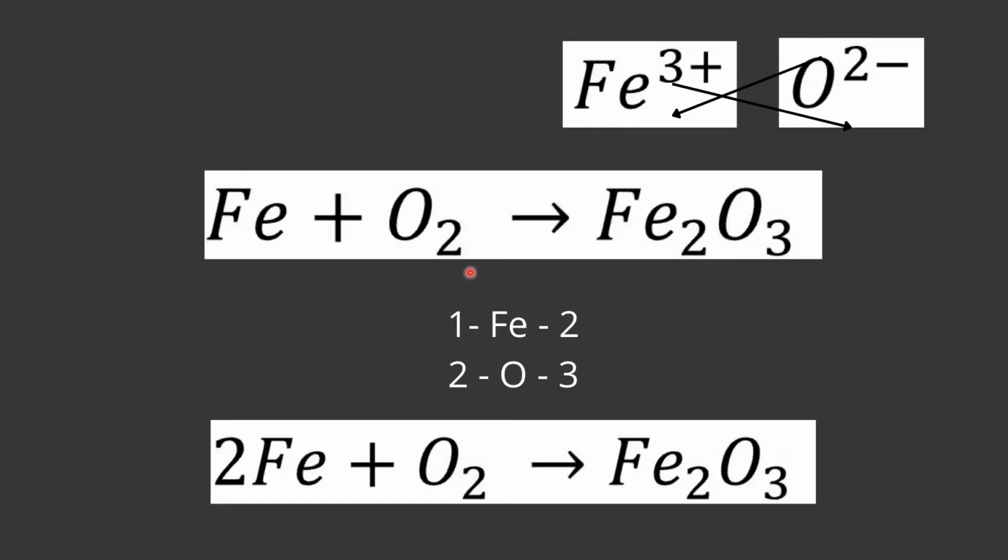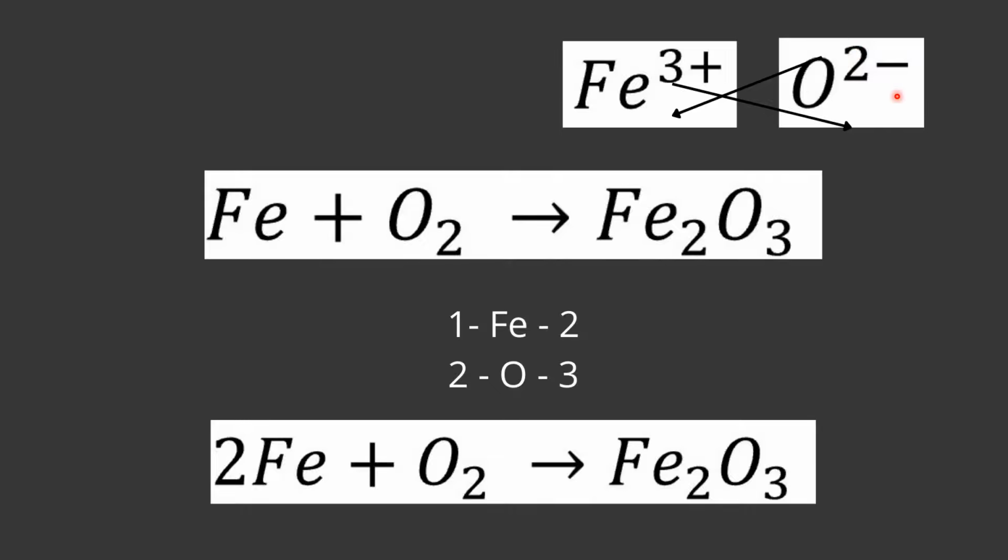We know iron is Fe, we know oxygen is O2, and then it reacts and forms iron oxide. Because they said it forms iron 3, it means the cation Fe3+ will react with your anion O2-.